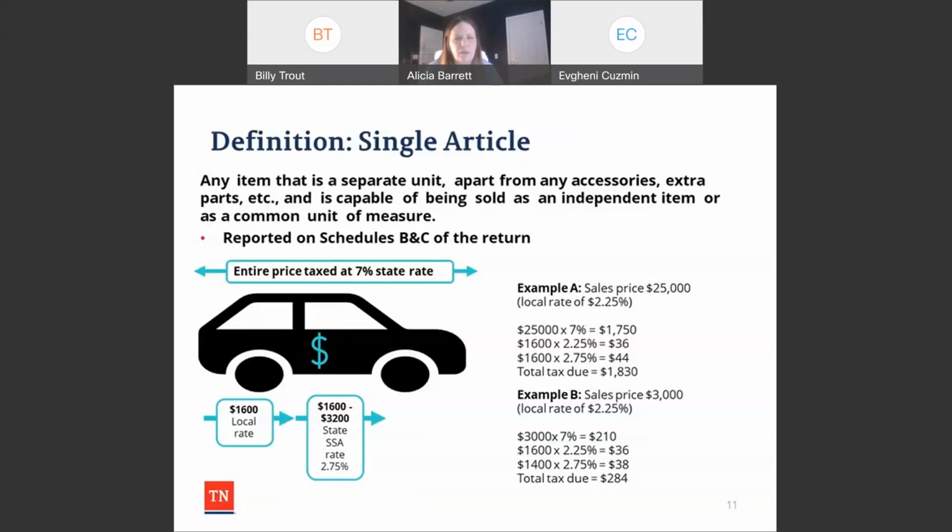And so the 7% is applicable to the entire 3,000. The first 1,600 is taxed at the 2.25% local rate. And then the difference between 3,000 and 1,600, so that 1,400, is going to be taxed at that 2.75%.